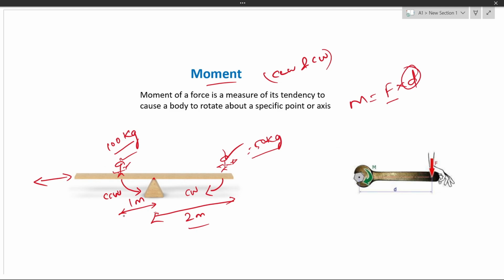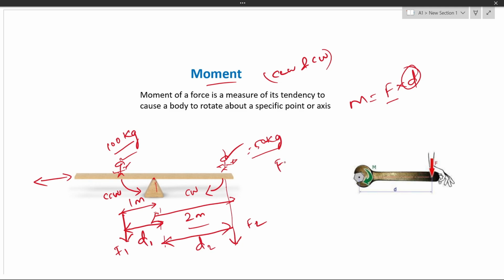See, this guy is here, his force, that is self weight, acts in this direction, and the center point is here, and perpendicular to that, that is 90 degrees, this is called D. And if you see the other guy, his force acts in this direction, F2, and his distance would be D2. Consider this as D1.